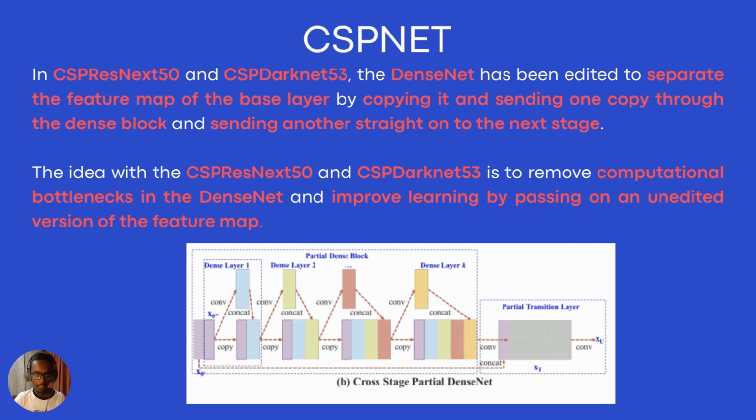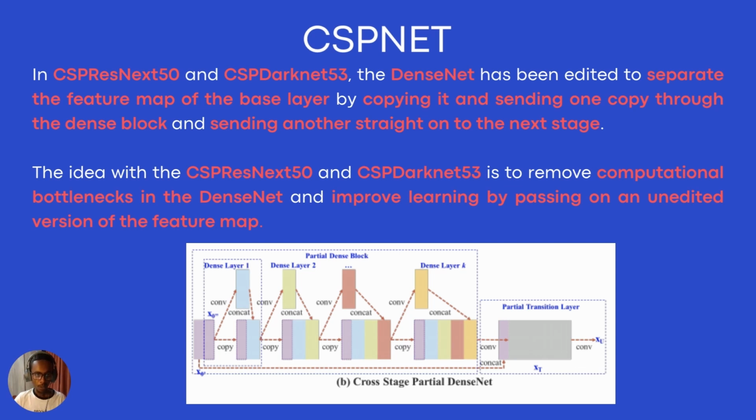But on CSPNet, we divide the input feature map into two parts, and we send one of the copies, or the partial copy, on to the next stage, and we preserve or keep the other half and send it directly to the end of the partial dense block. We do not perform any kind of convolution or concatenation on it.